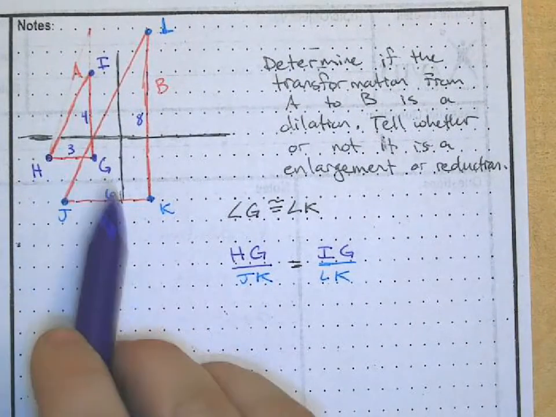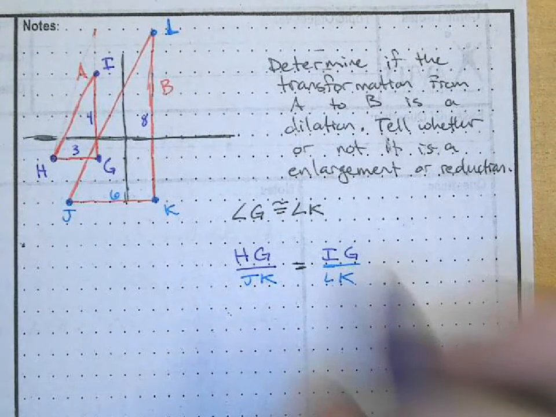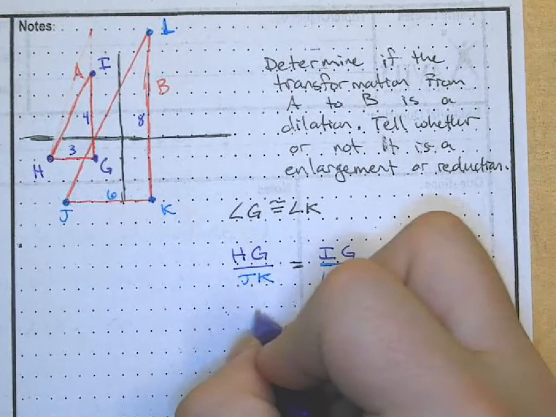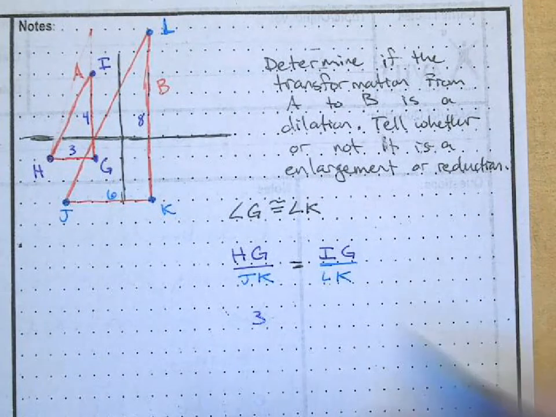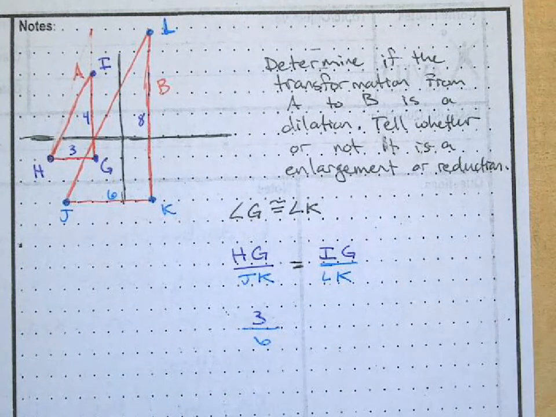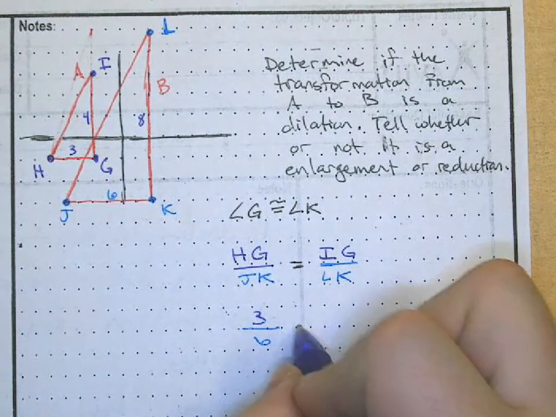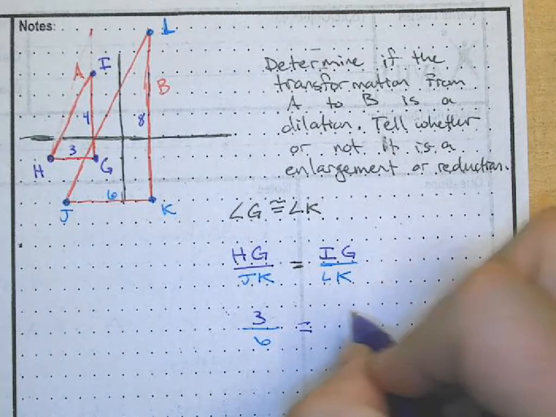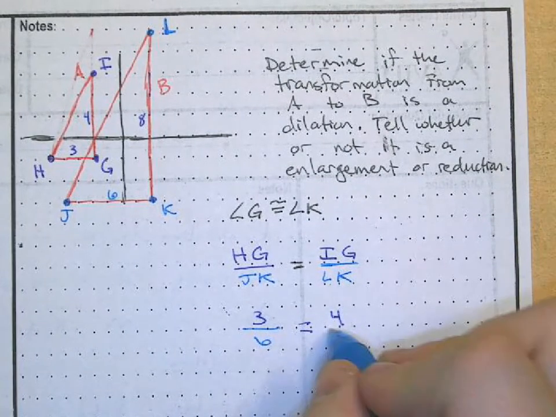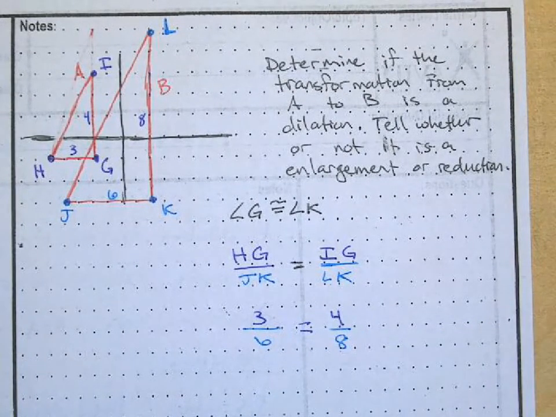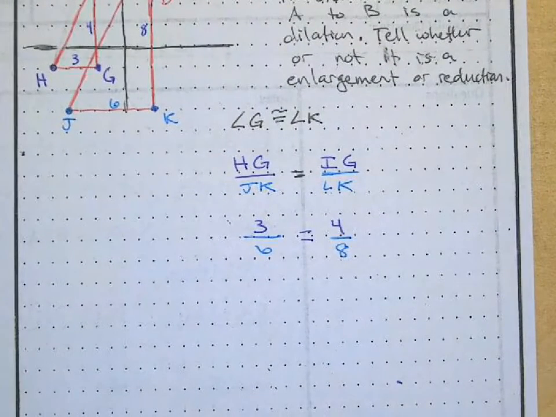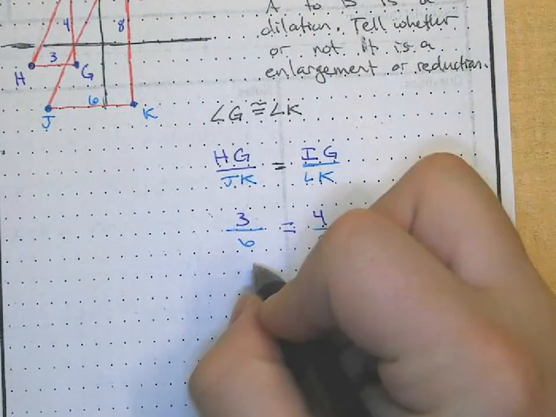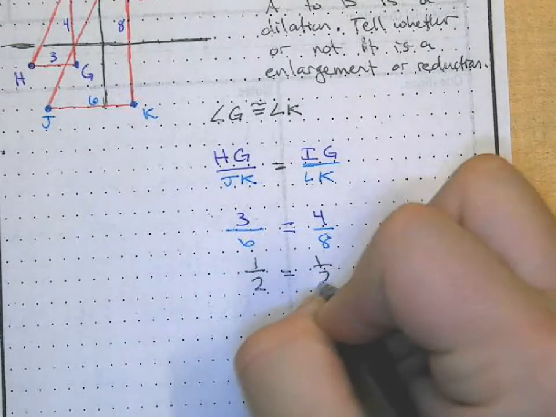So let's check to see if our sides are proportionate. I'm going to plug in my values, and I get 3 over 6 equals 4 over 8, which simplifies to 1/2 equals 1/2.